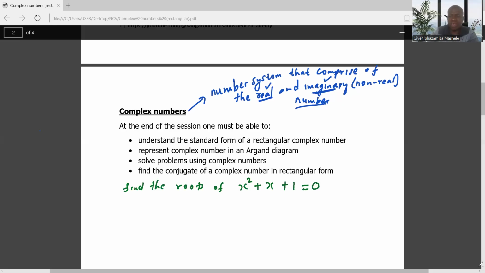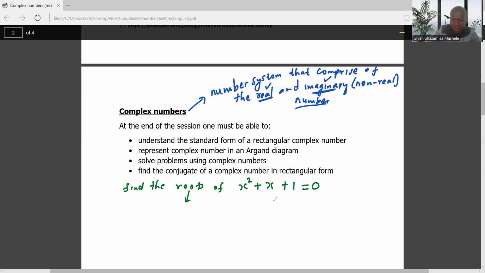Let's say you are given this equation and you are asked to determine the roots. Remember, the roots are just the values of x that will satisfy this equation. Algebraically, by looking at this equation, you can easily see that it is not factorizable.